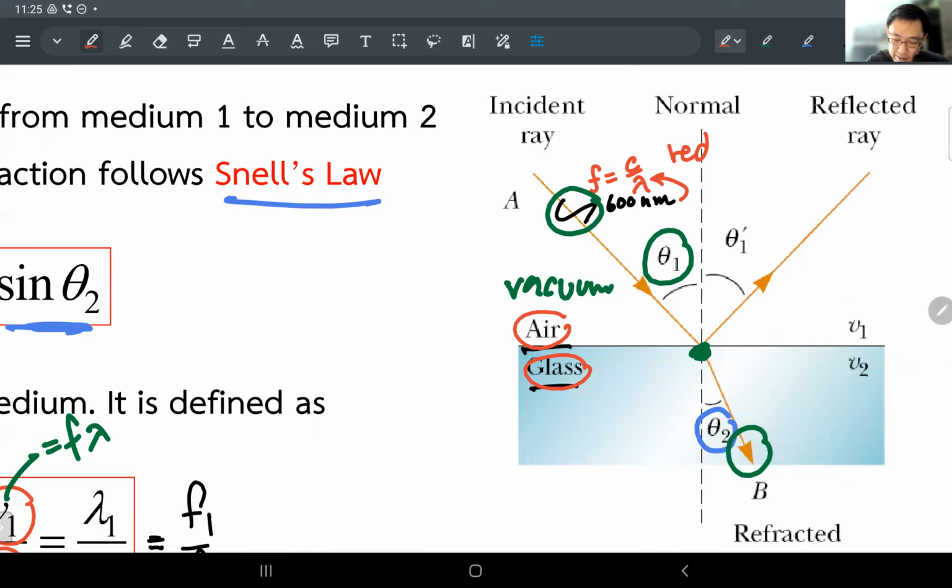I'm sending in the red light. This is red. Let's say if I am stuck inside the glass, should I still see this to be red color? The answer is, yeah, you're supposed to see red.